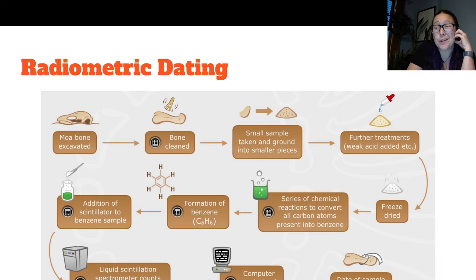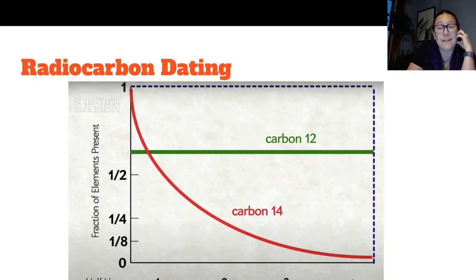Radiocarbon dating doesn't work for everything, though, since carbon-14 has a relatively short half-life compared to the age of the Earth. For example, samples that are millions of years old would have so little carbon-14 left, it would be essentially undetectable.